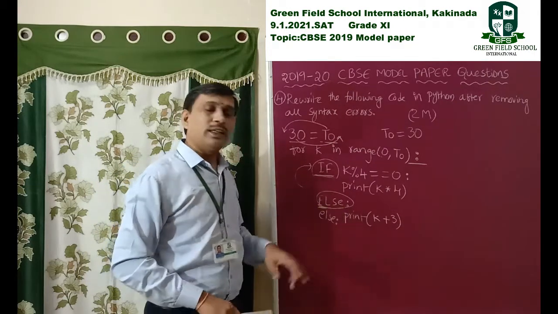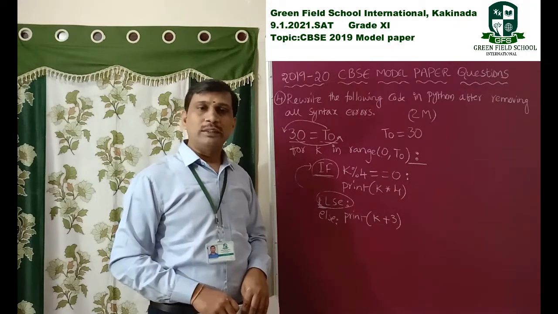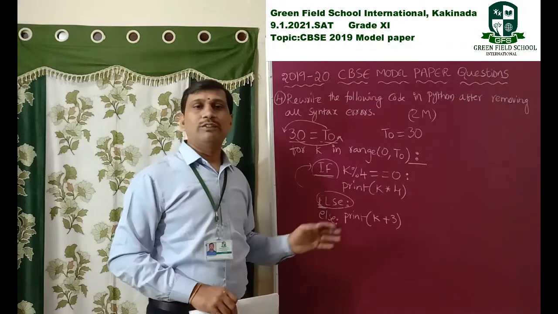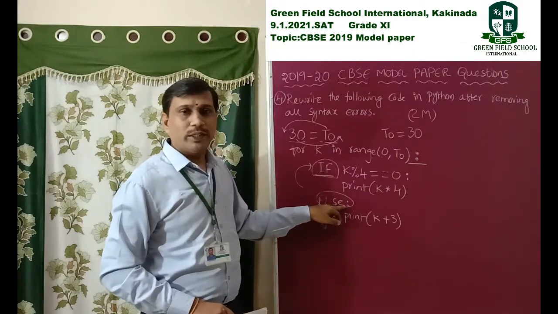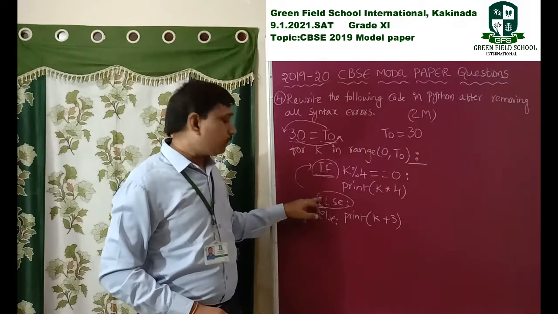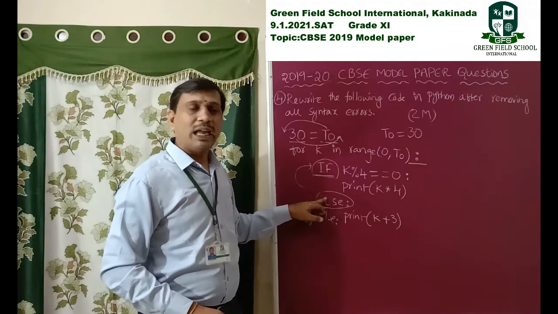They have provided the colon also; in some cases they miss that colon. That's why we check each and every point of this Python code. Here the colon is provided, no problem. The error here is the capital letter; we use a small letter, but they provided a capital letter.